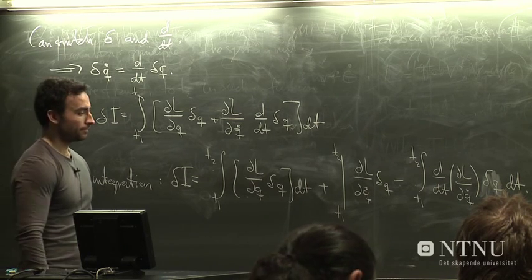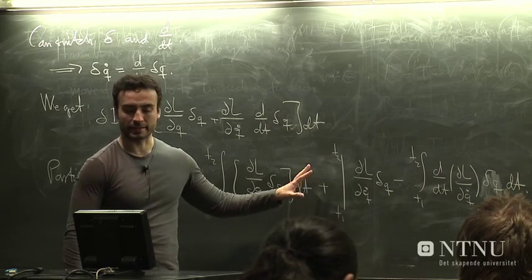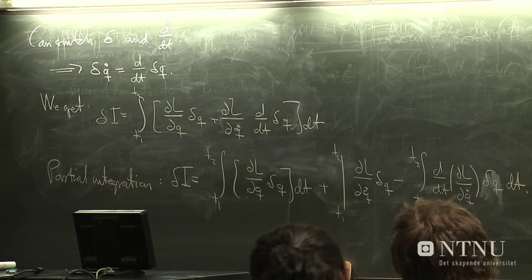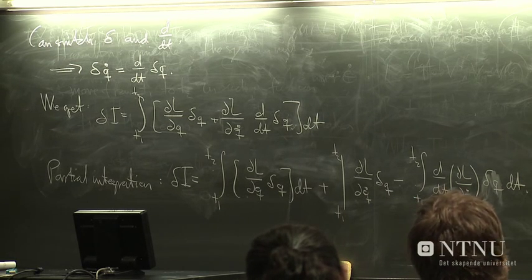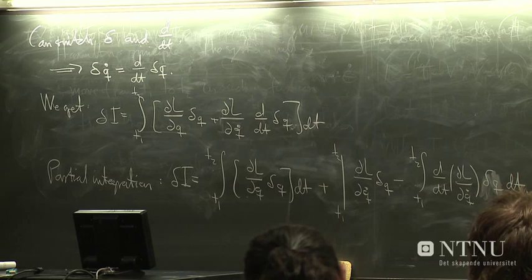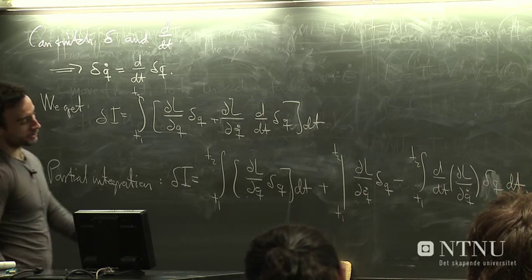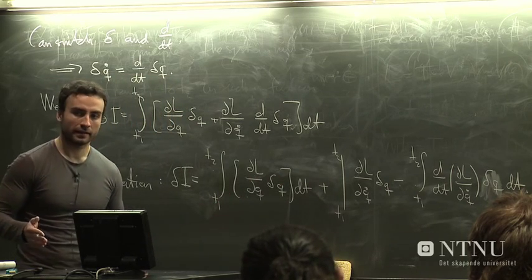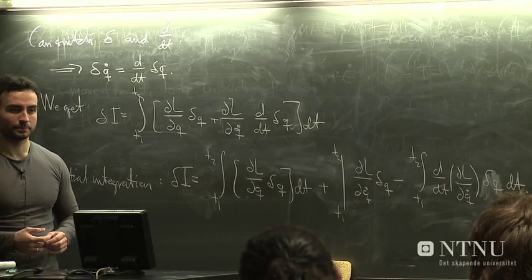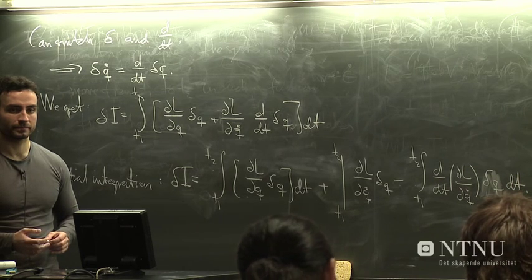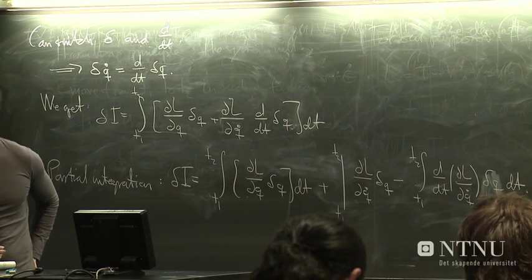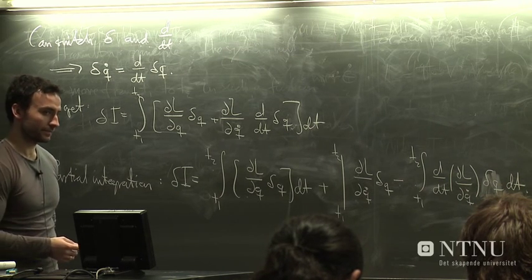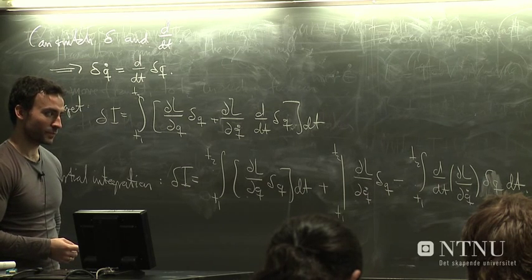Okay. Is there any simplification we can do with this? In particular, this term should be evaluated at T1 and T2. Any ideas? Well, there shouldn't be any variation at the endpoints, but it doesn't really get me any further than that.